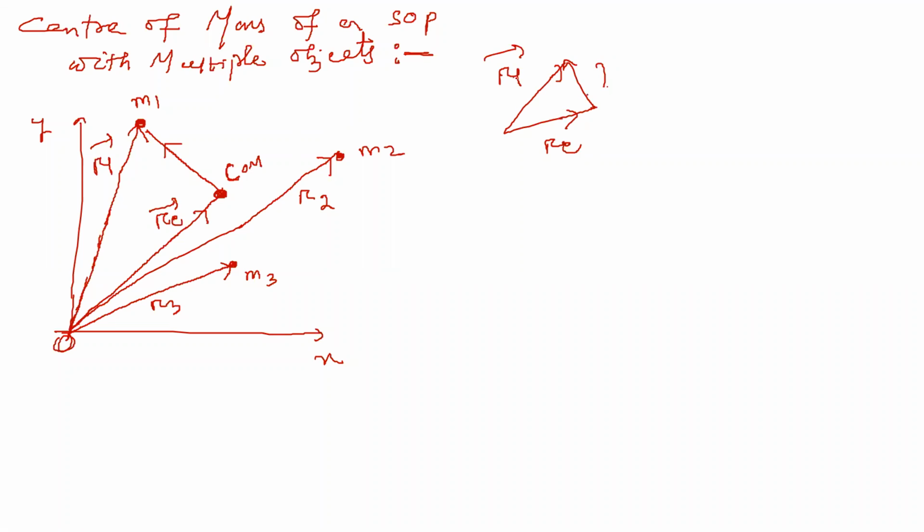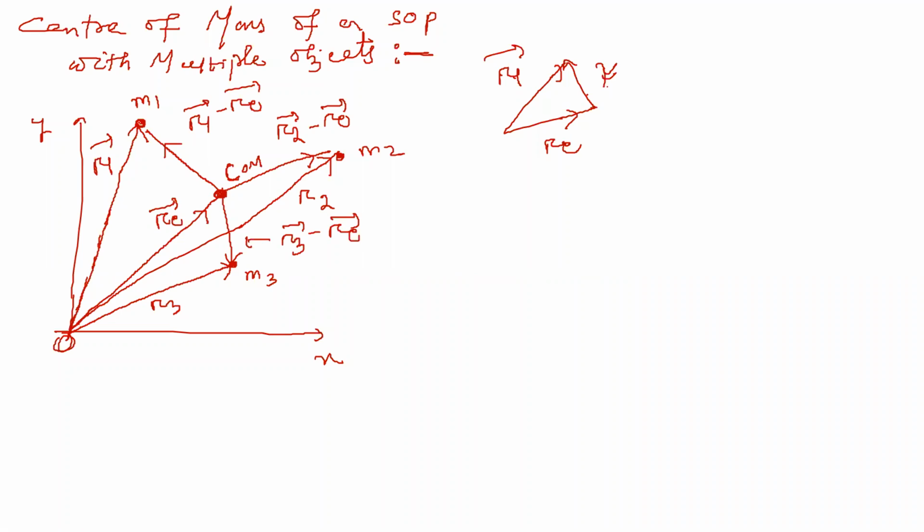This plus this is equal to this, so this vector is R1 minus RC. And this vector is R2 minus RC. And this vector is R3 minus RC. All understood?